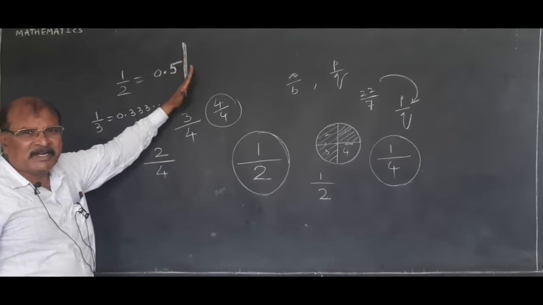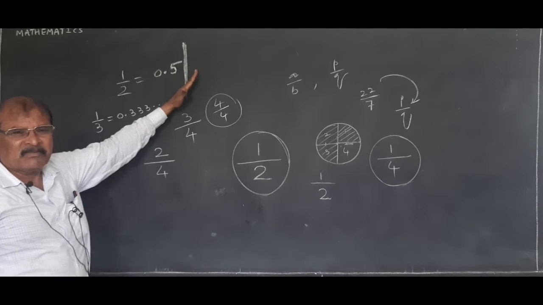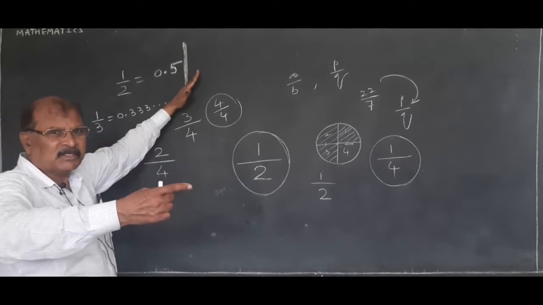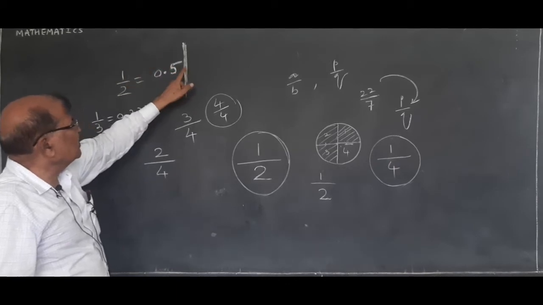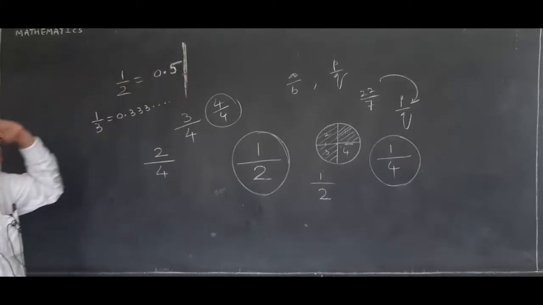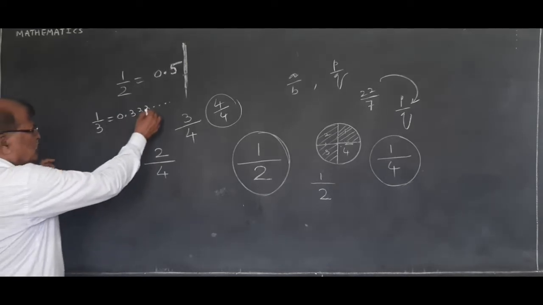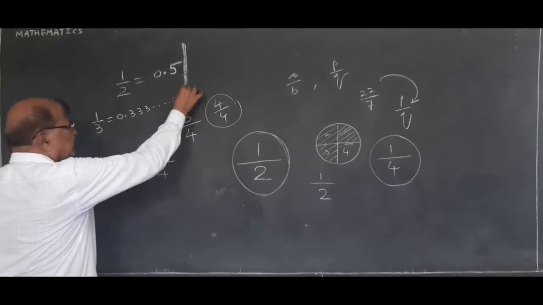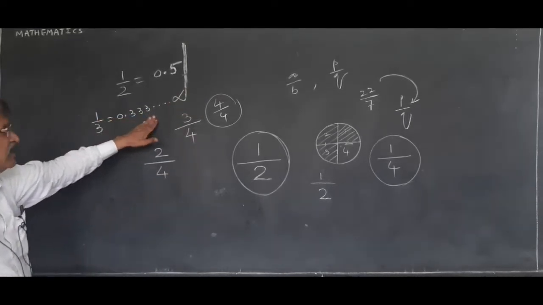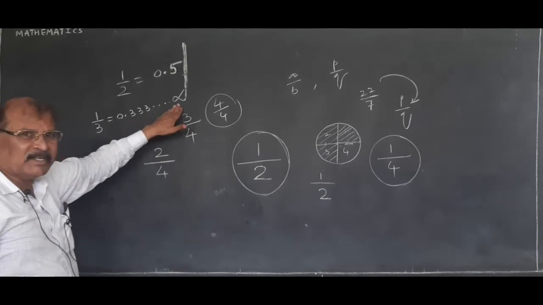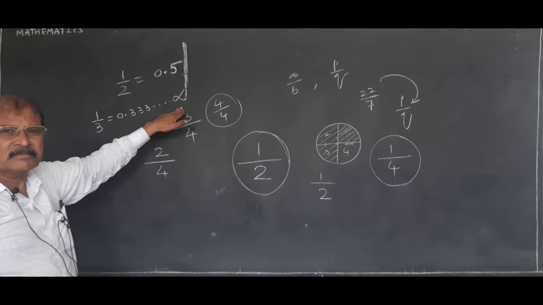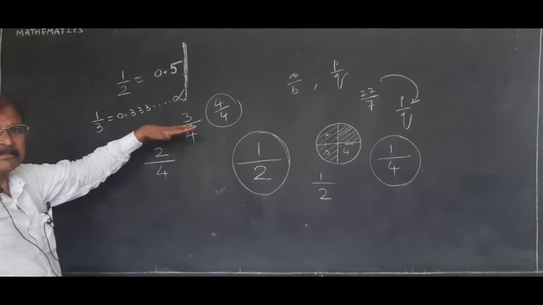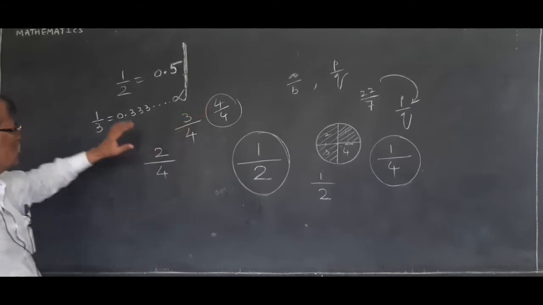This is called a terminating decimal. So here the 3 comes up to infinity. It goes on. It is called non-terminating. So this is the difference.